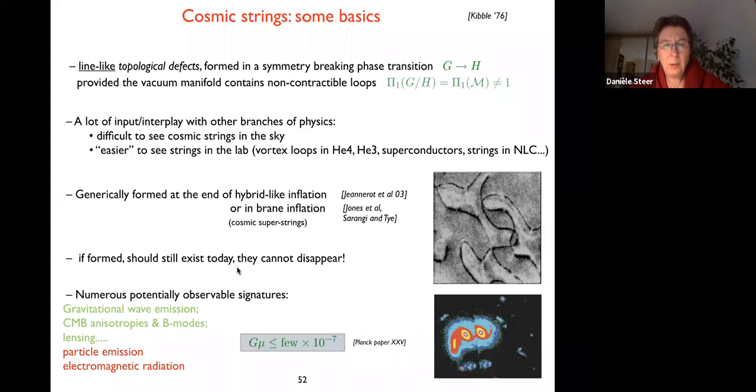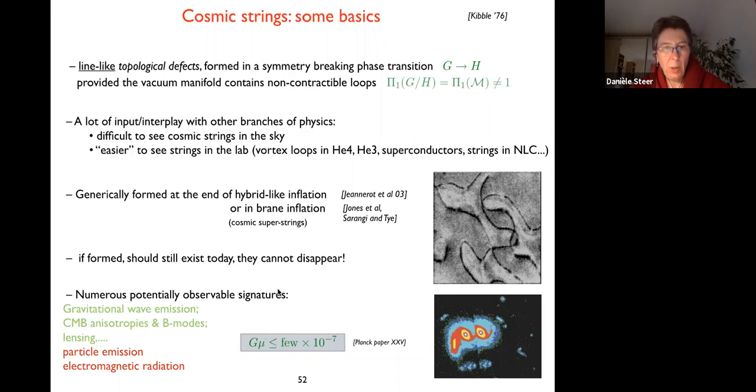The reason why they're called topological defects is that they're stable for topological reasons. And that is that once you have these strings formed in the universe, they might lose energy, but they can't disappear entirely. So if they're formed at grand unification or at the end of brane inflation, then they're still here today.